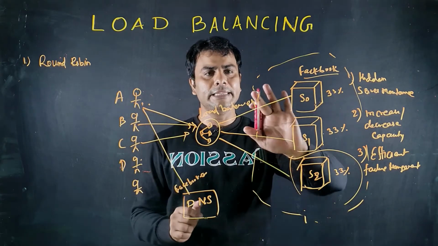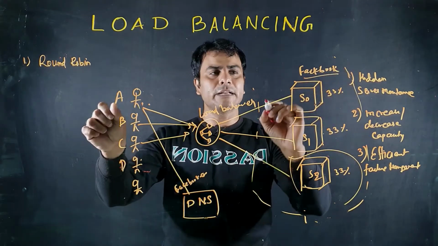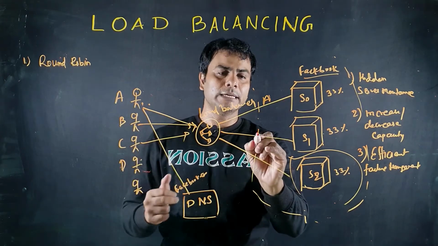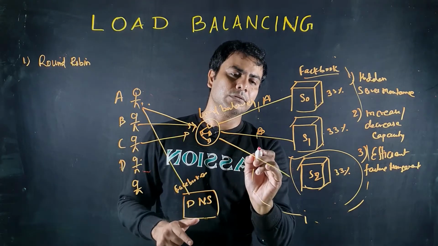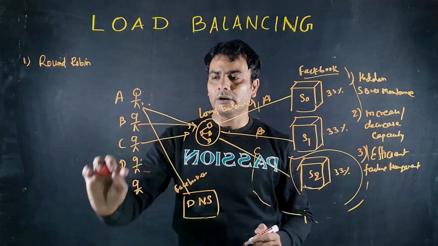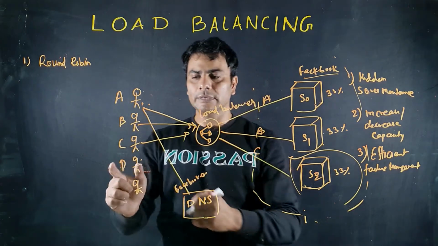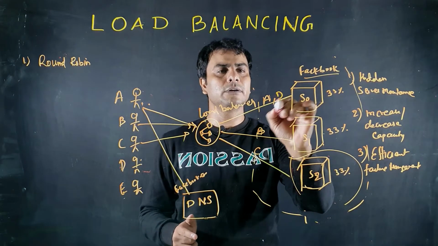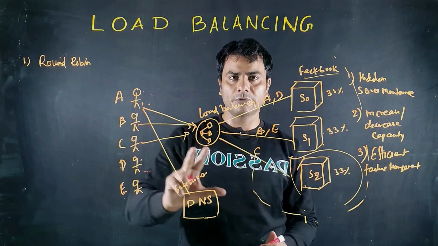So let us say in the case of a round robin load balancer, if the A request goes to S0, the B request will be redirected to S1 and then the next request C will be redirected to S2. Because these are requests in order, D will be redirected to S0 and E will be redirected to S1 and so on. This is how the round robin works.